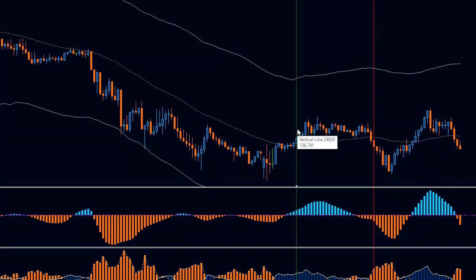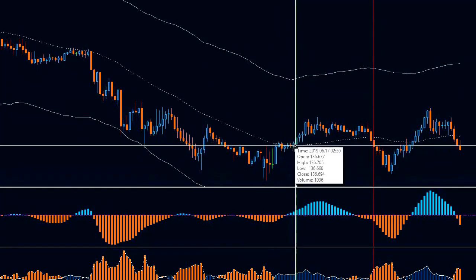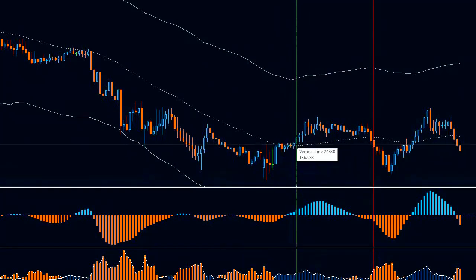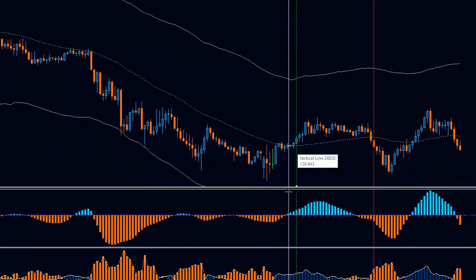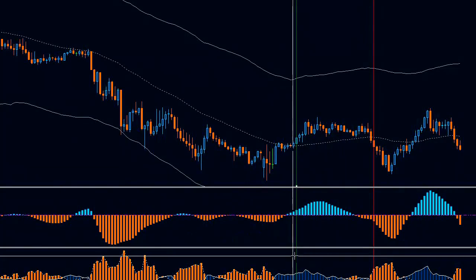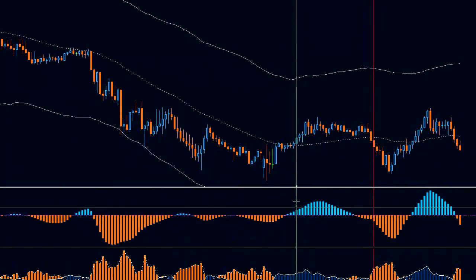A little bit further to the left here on this green vertical line, I've got an example of a buy trade, and you'll see price moved along the line and eventually closed above it at a point that we could see clearly the cloud price and the cloud trend were both signaling blue on their histograms.